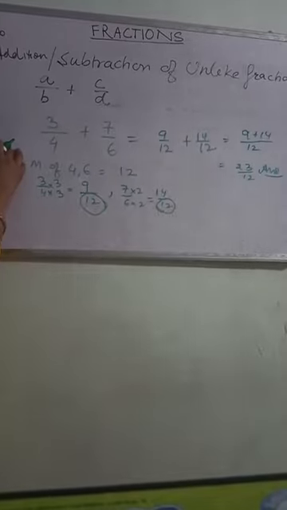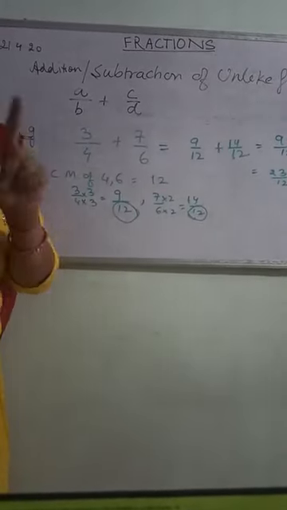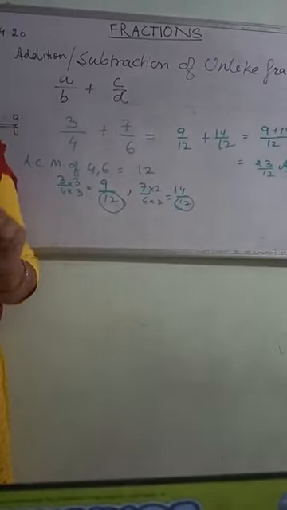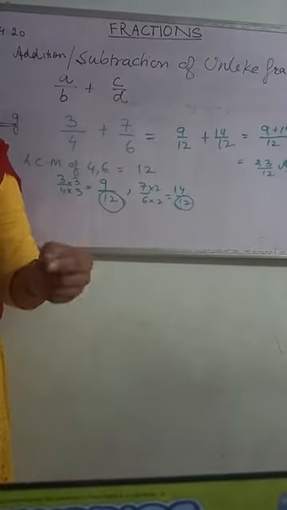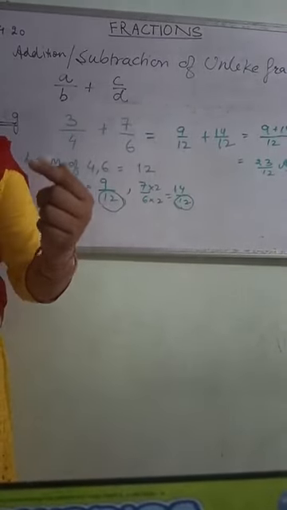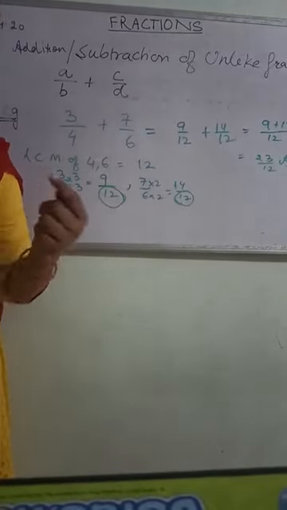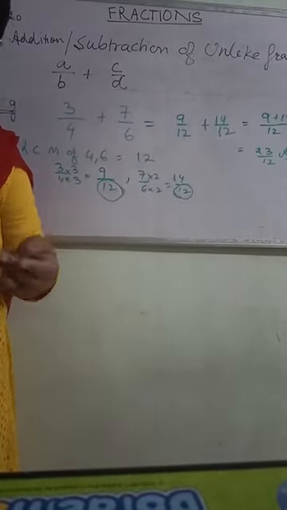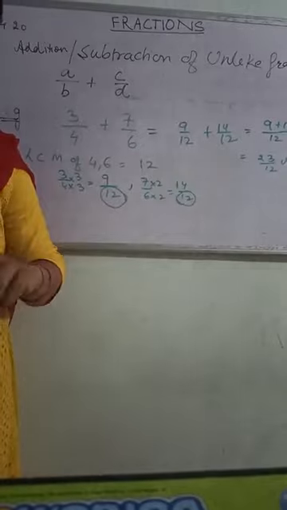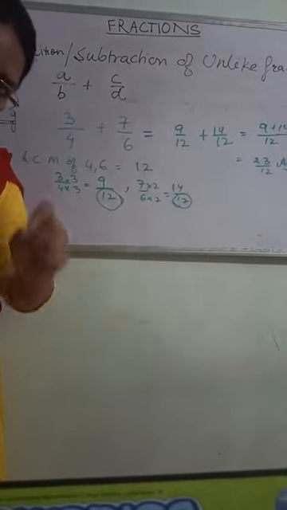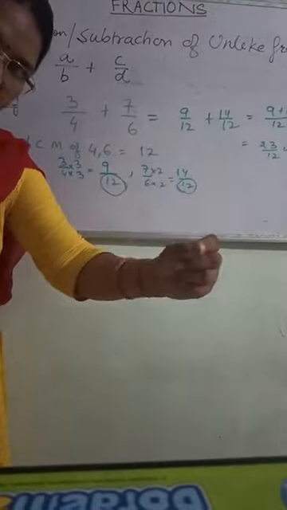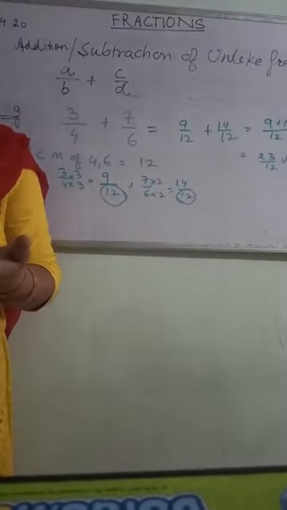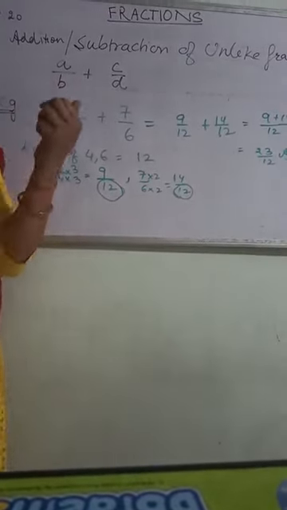The concept of subtraction is similar. What I told you, what I made you learn, is that whenever we add unlike fractions, first we convert all the fractions into like fractions. And how do we convert them into like fractions? By taking the LCM of all the denominators and converting each fraction into the fraction whose denominator is equivalent to it.